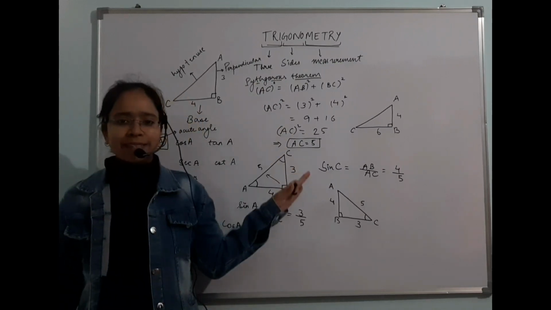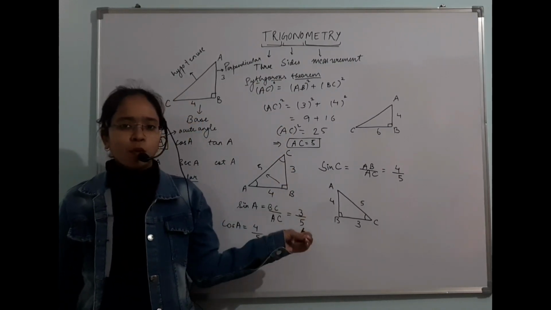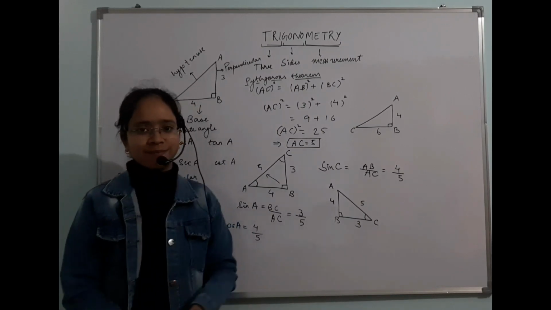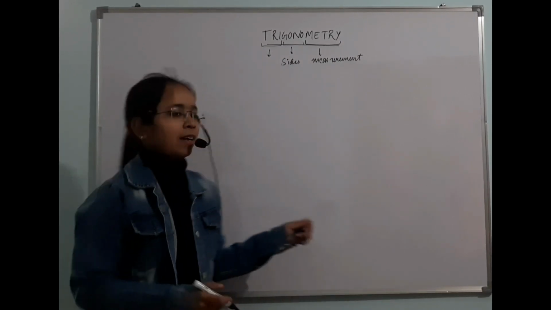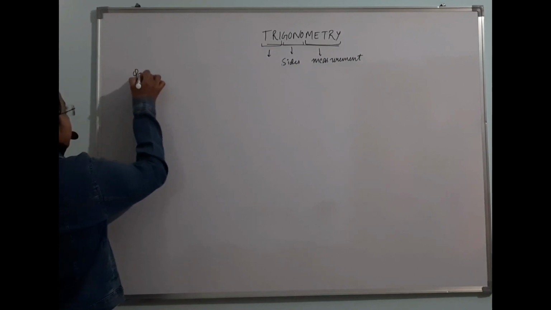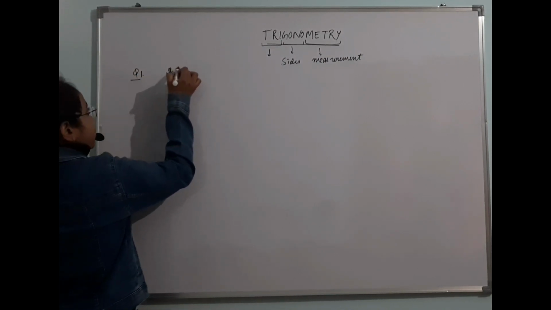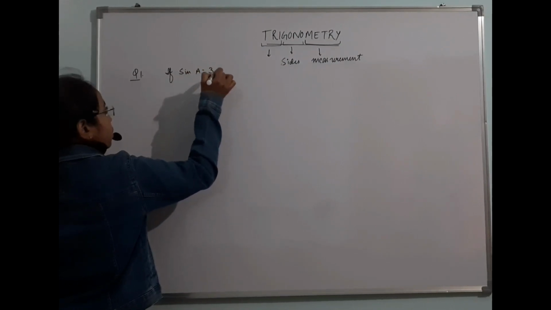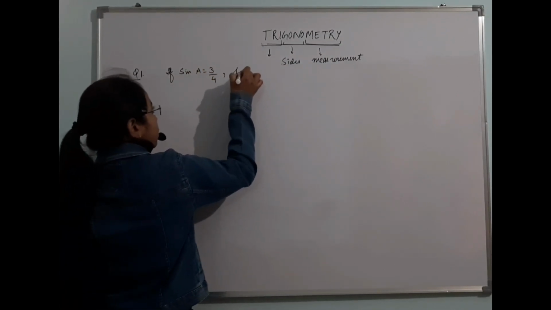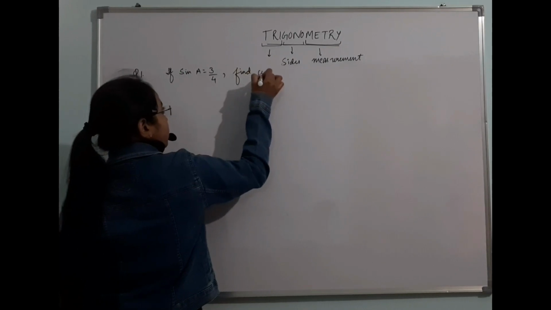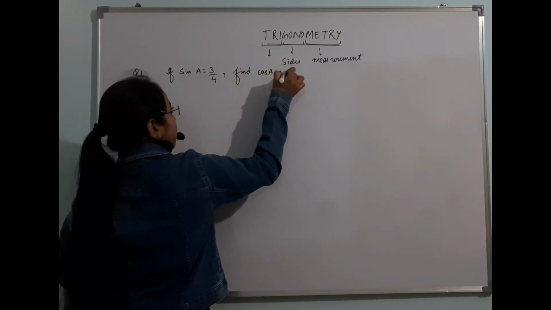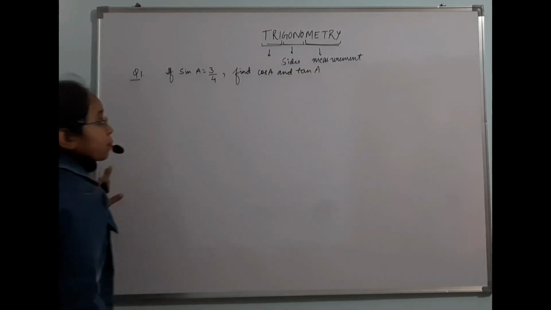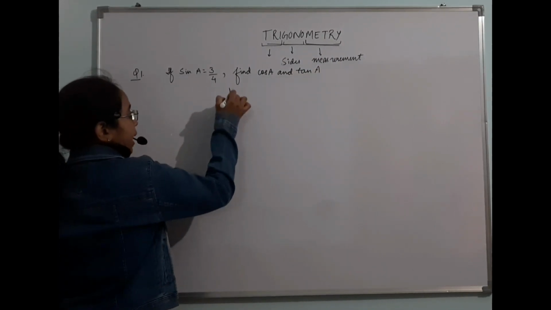So, this was the basic of trigonometry that we must know before starting with the actual questions of the topic. Now, let's solve a question in which we are given sine A is 3 upon 4, find cos A and tan A. So first we'll form a right angle triangle.